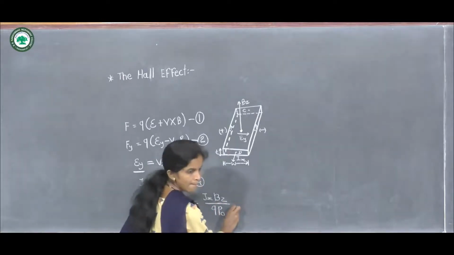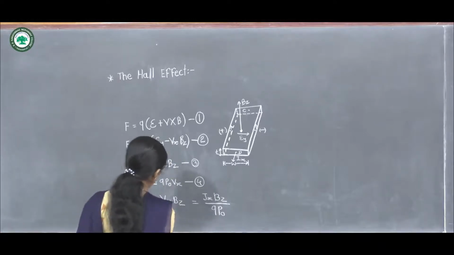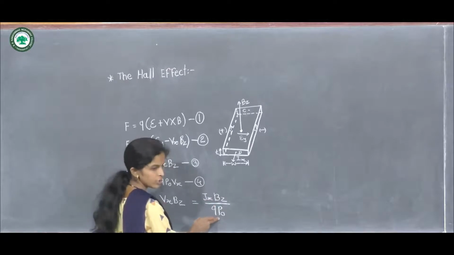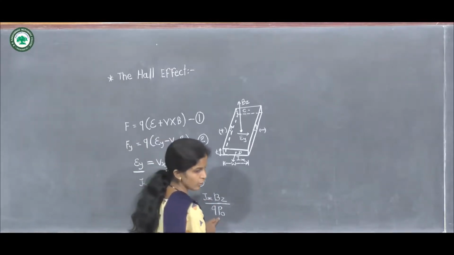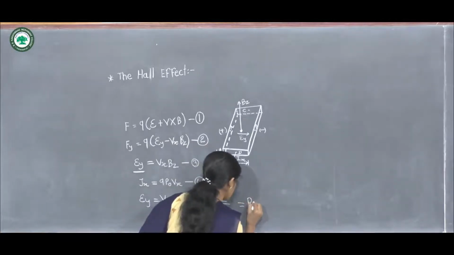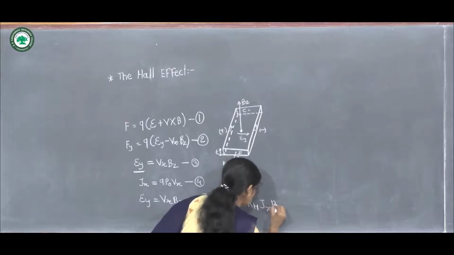So we got Ey is equal to Jx into Bz upon Q into P naught, and one may write it as RH into Jx into Bz.